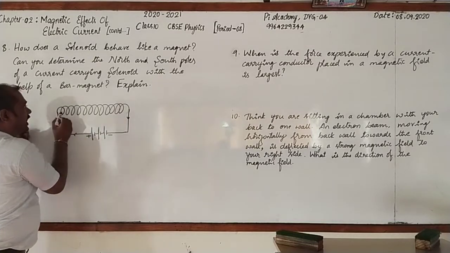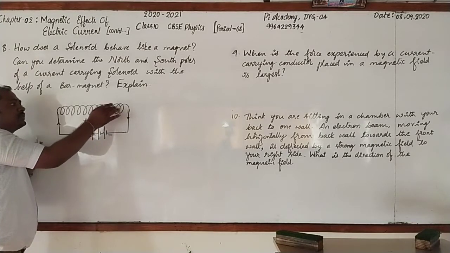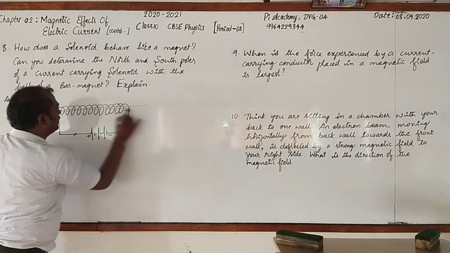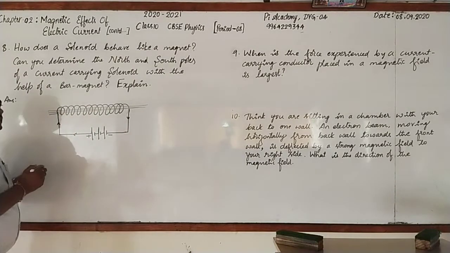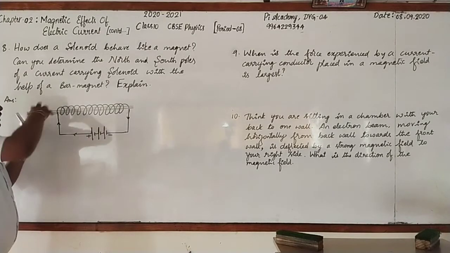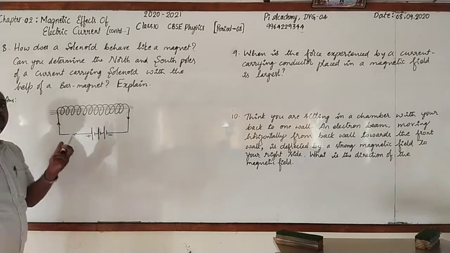And as there are a number of turnings, the magnetic field that is produced inside the solenoid will be straight and parallel, like this. So as a result, the overall magnetic field which is developed around it is very strong.